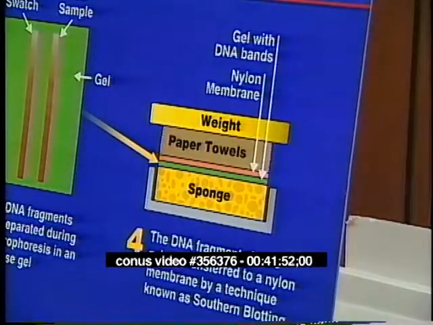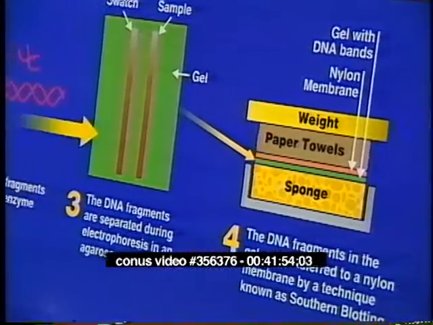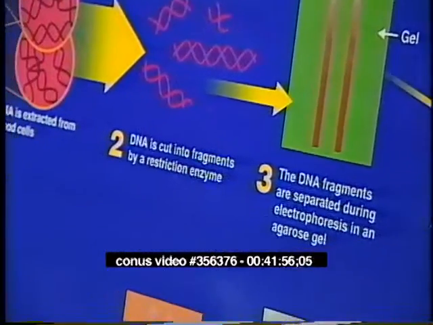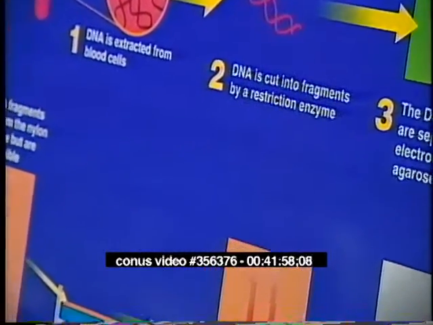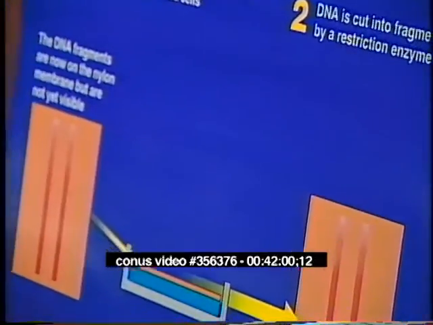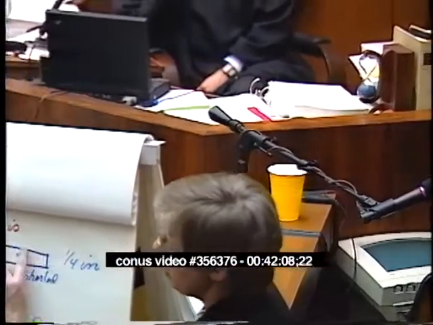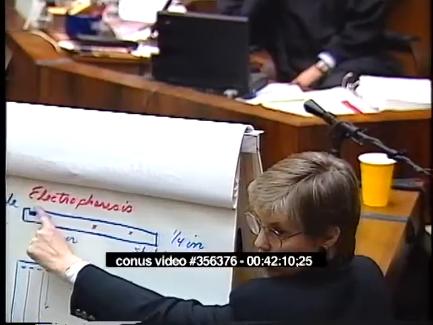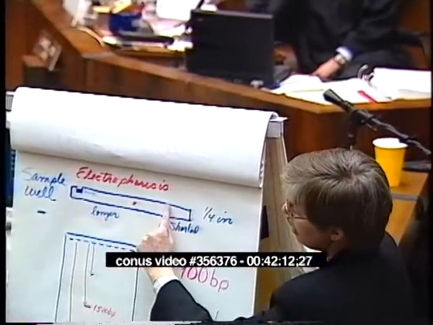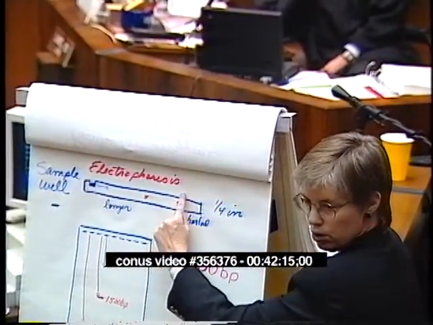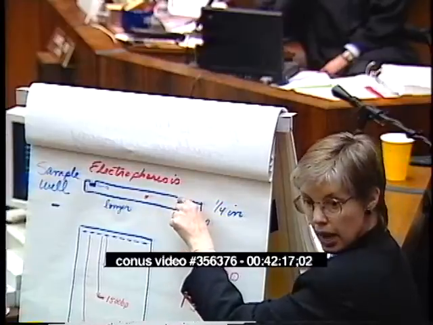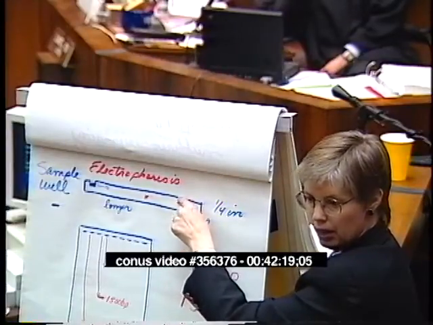The solution is sucked up into the paper towels, but the DNA becomes trapped on the nylon membrane. So if you were to go back to this diagram, the membrane would be layered right on top of the gel, and the DNA would move up through the gel and become attached to the nylon membrane.